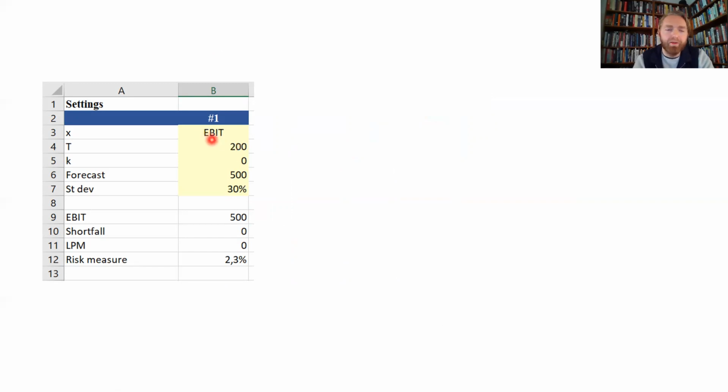So we now have a setting where we've chosen another performance measure: EBIT, earnings before interest and taxes. T is 200. These are just made up numbers. And we're going to apply no penalty to the shortfalls. The forecasted number is 500.